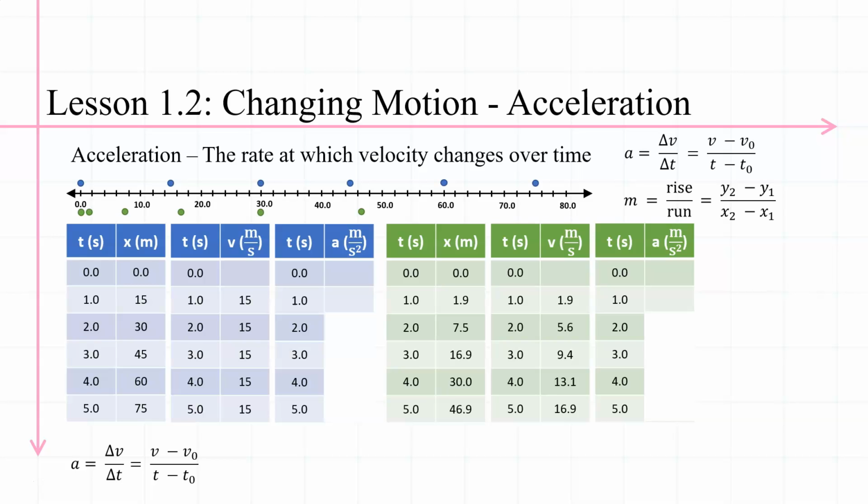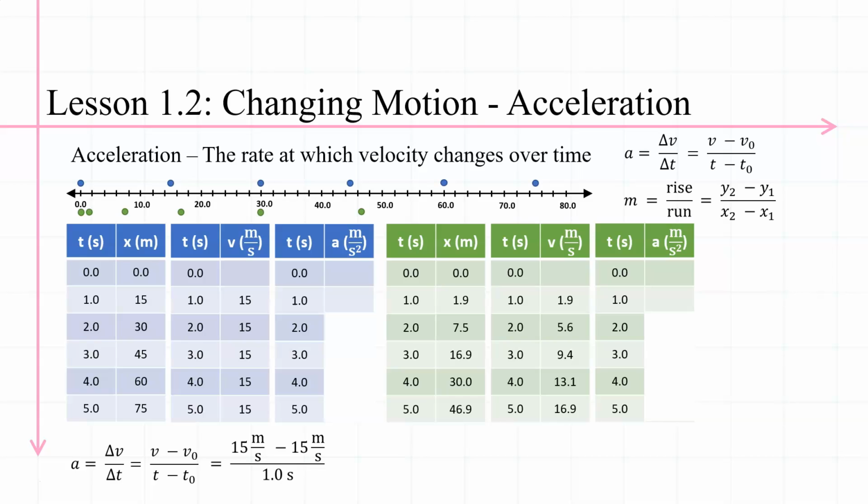What do you notice about what's going to happen with this blue car that's always traveling at 15 meters per second? On the top, we're always going to have 15 minus 15. The graph is horizontal, so our y value is not changing. The rise is always going to be 0.